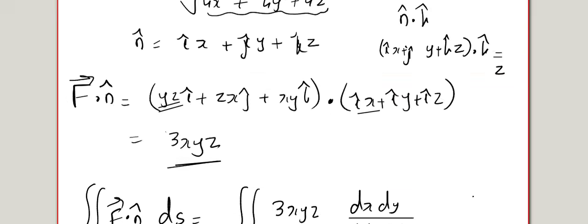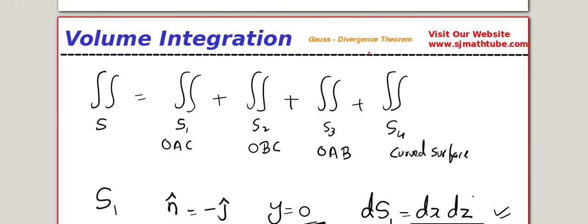Okay, now let's go back and look at this. So what will be the surface integral? Minus 1 by 8 plus minus 1 by 8 plus minus 1 by 8 plus 3 by 8, and that gives 0.